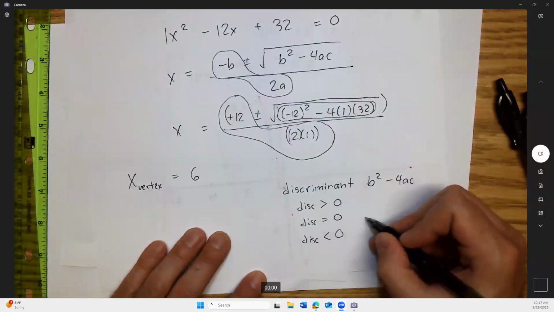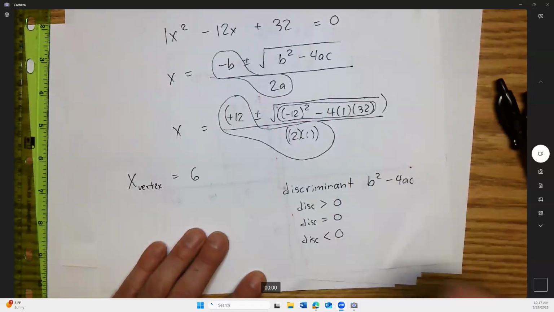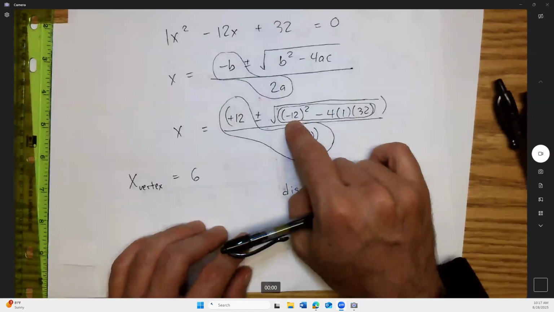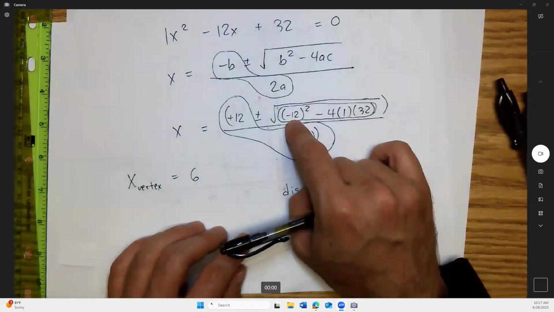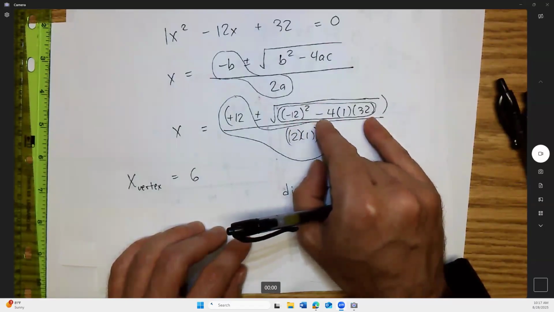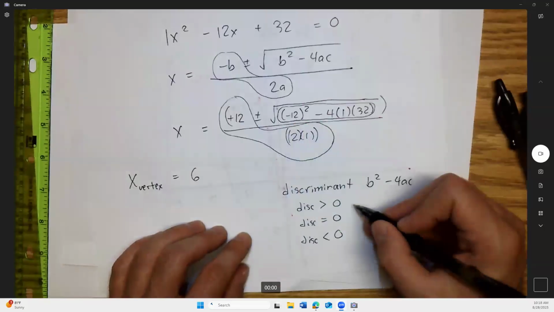Remember, if it's equal to 0, it has one real zero. If it's greater than 0, it has 2. If it's negative, it has none. Good. So what is this? What's 12 squared? 144. And then 4 times 32, 128, I think. So guys, 144 minus 128. Is that going to be greater than or less than 0?